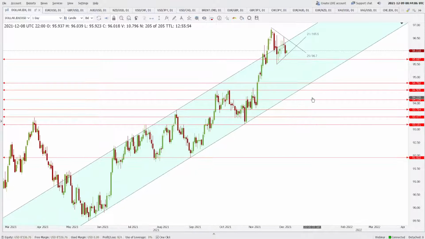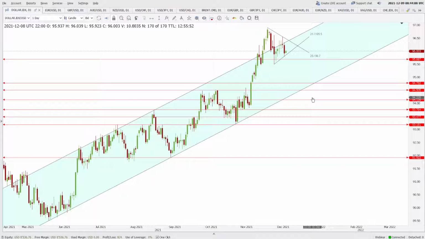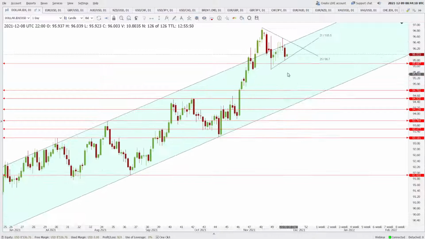So we are looking for a buying opportunity in this market, but we also know that it is making lower highs and higher lows. So it is making a symmetrical triangle in the short term. So we need this triangle to break out on either the upside or downside to make sure which direction the dollar index is going.